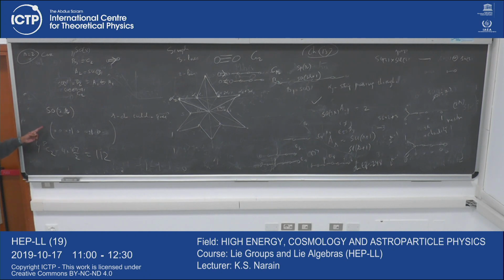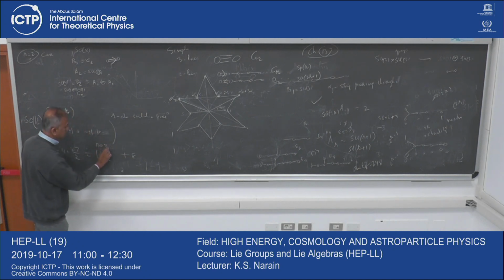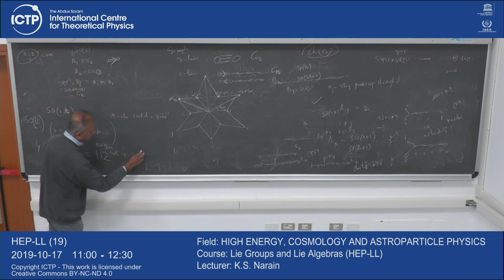We are counting SO16. So that is plus the Cartan, a total dimension. So these are the non-zero roots, and then there are these 8 Cartan generators. So total dimension is 120.